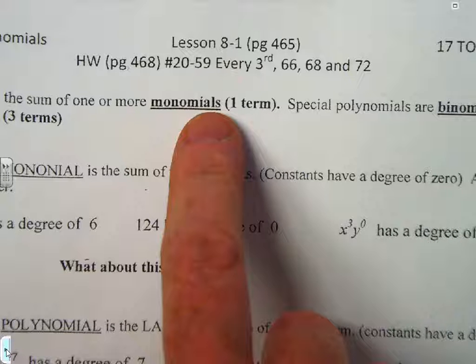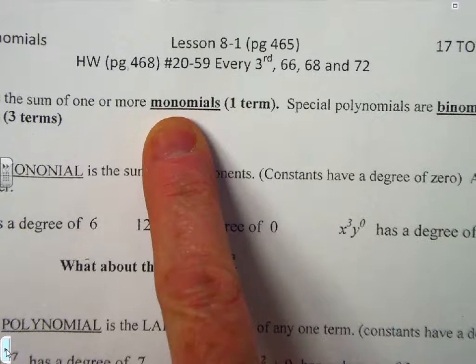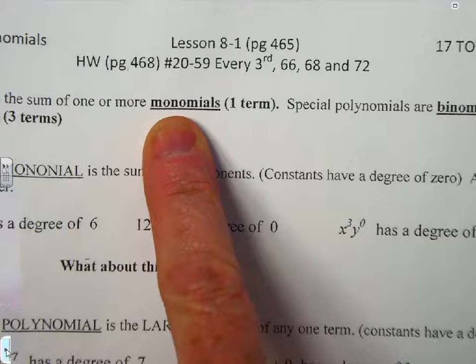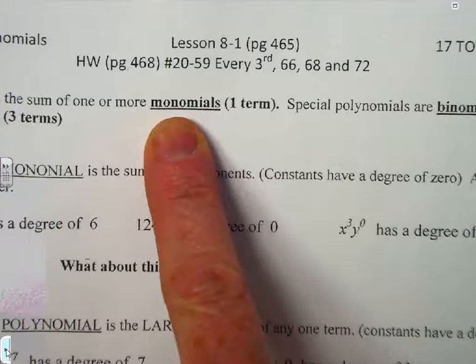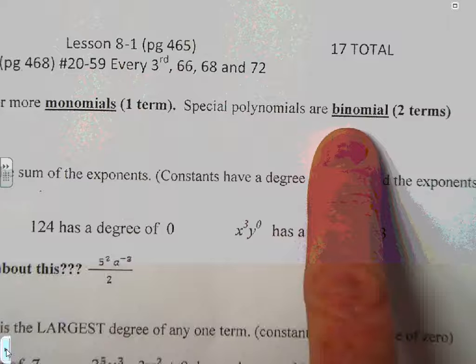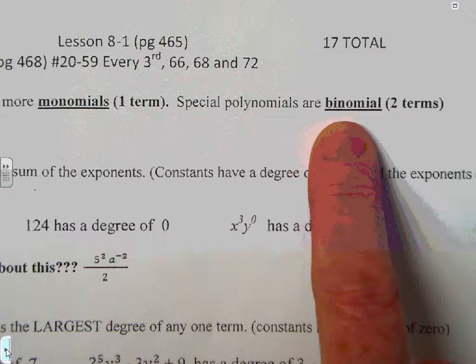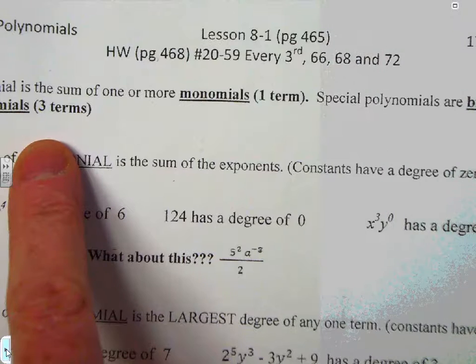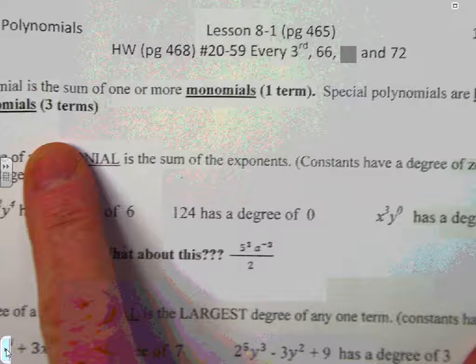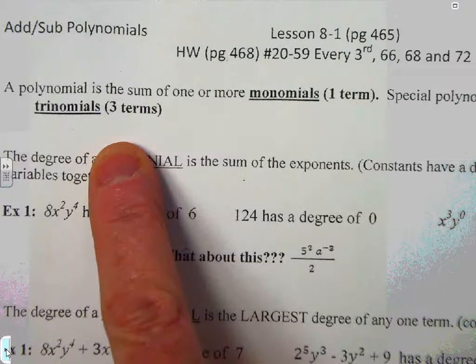And we talked about monomial meaning one term. Then if you have something that has two terms, we call it a binomial. Think of a bicycle. It has two wheels. And then we have a trinomial, which has three terms. And once again, think of a tricycle. It has three wheels.